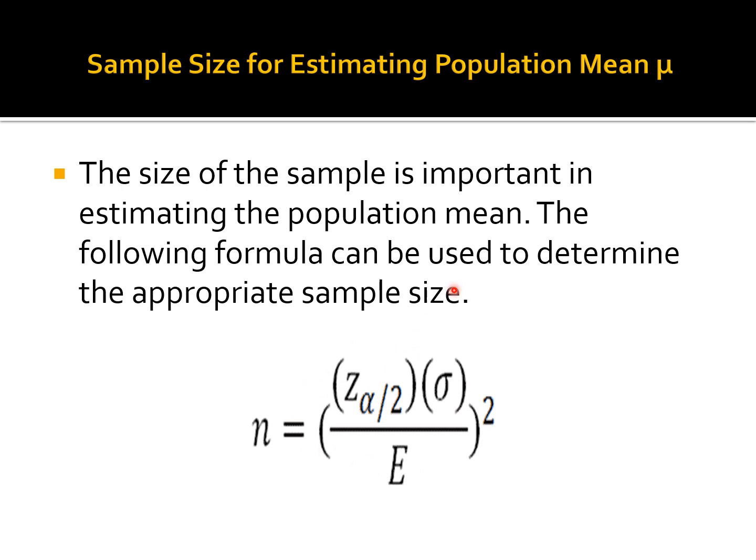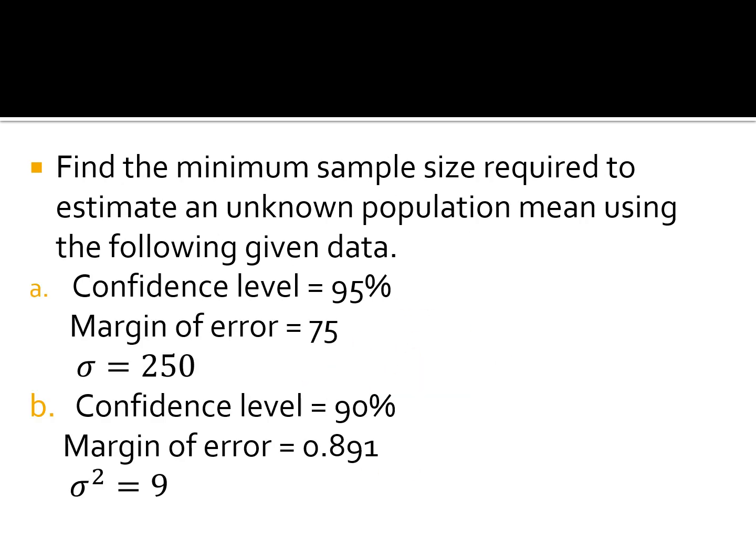Okay, square the whole thing. Okay, let's have this example. Find the minimum sample size required to estimate an annual population mean using the following given data. Letter A, confidence level is equal to 95%, margin of error 75, population standard deviation is 250.